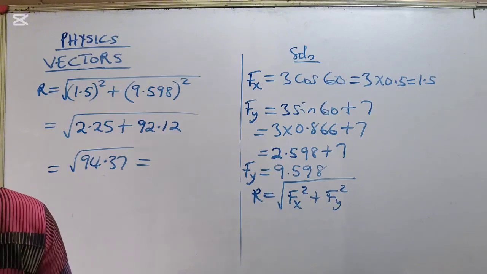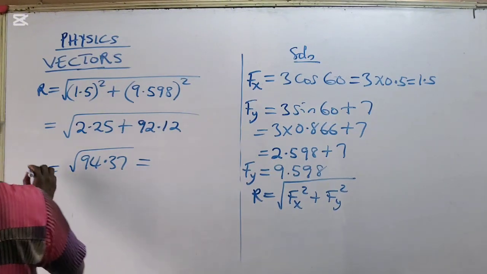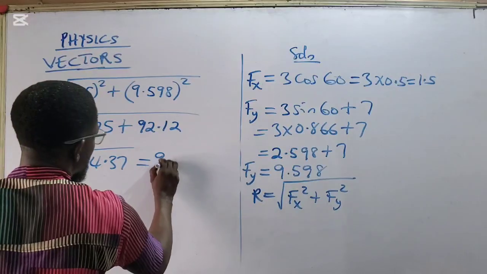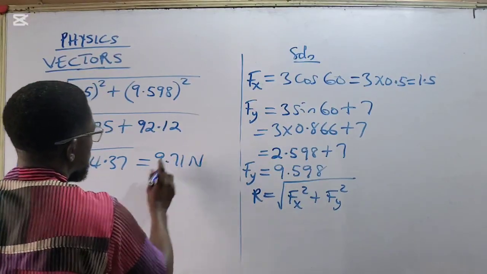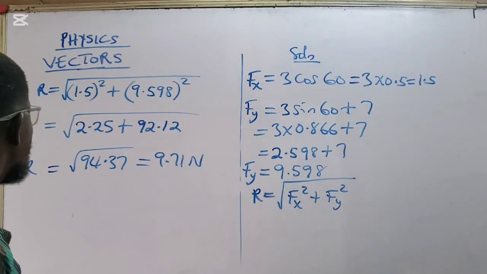When you find the square root, you get 9.71. Okay, so that is the resultant.